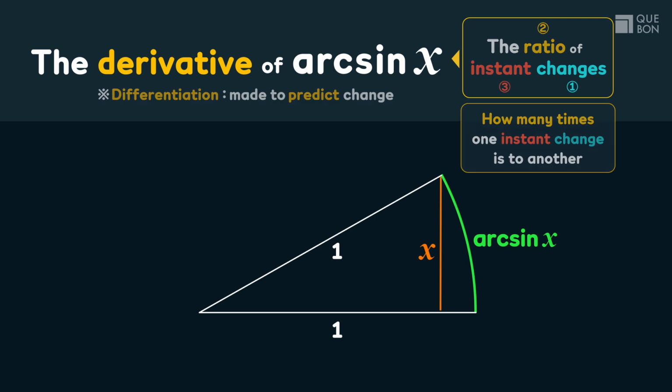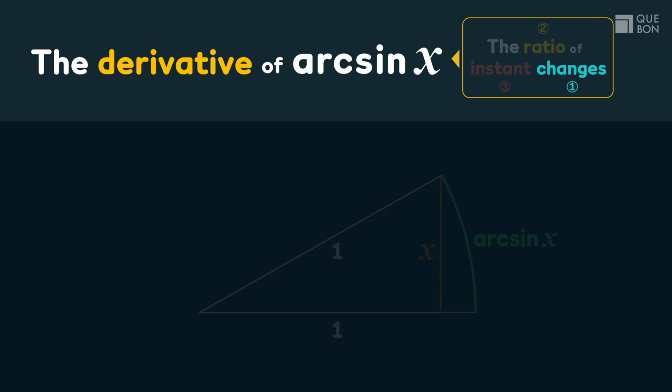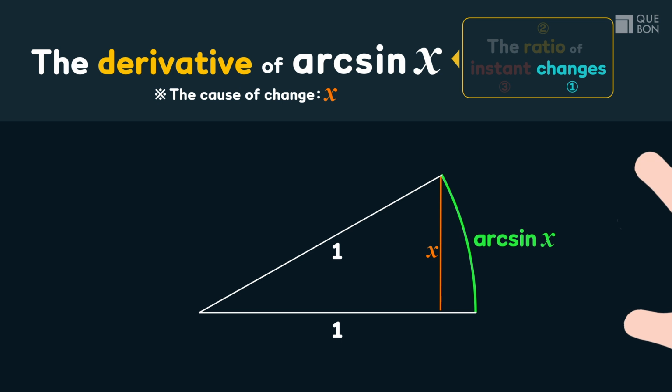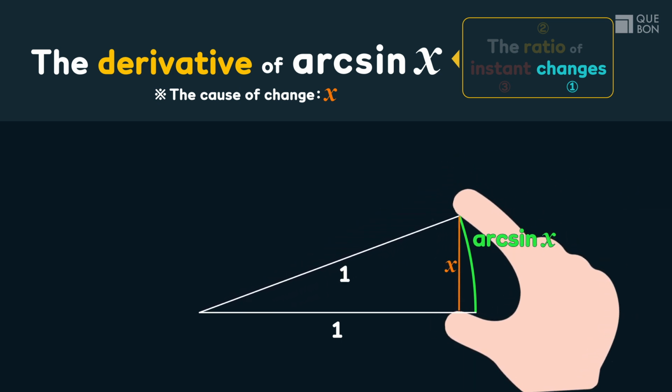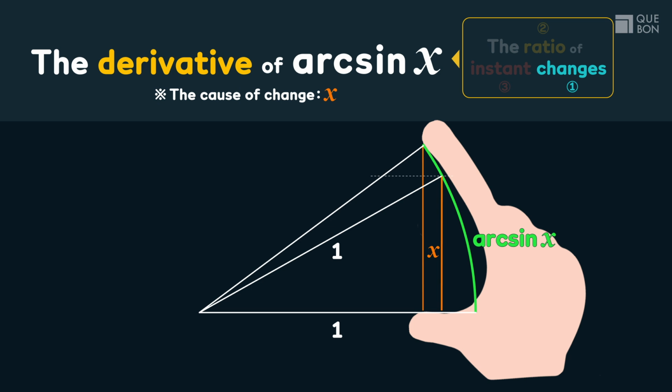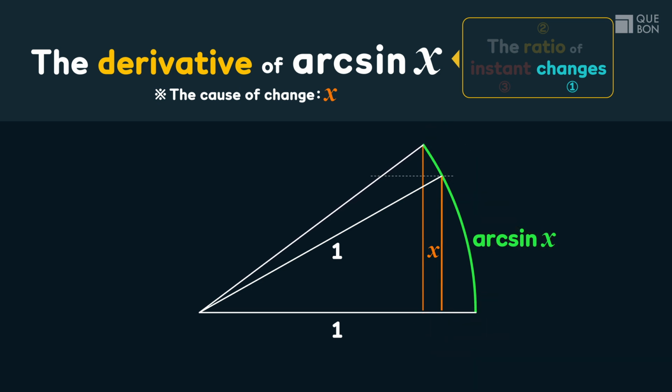So, let's look at the change in arcsine x. What's causing the change, of course, is x. When x changes, the arc changes too. As it moves, take a snapshot. Click right at that instant of change. It's tiny, almost invisible.